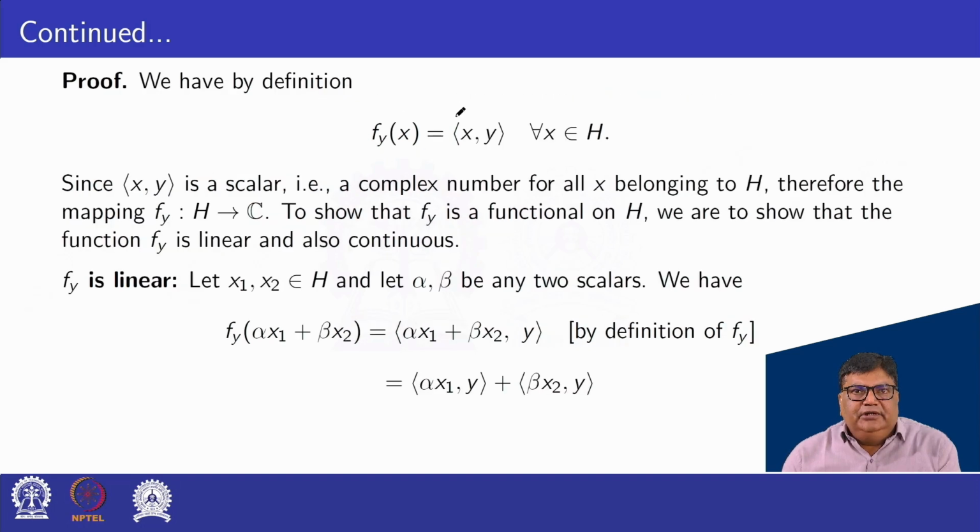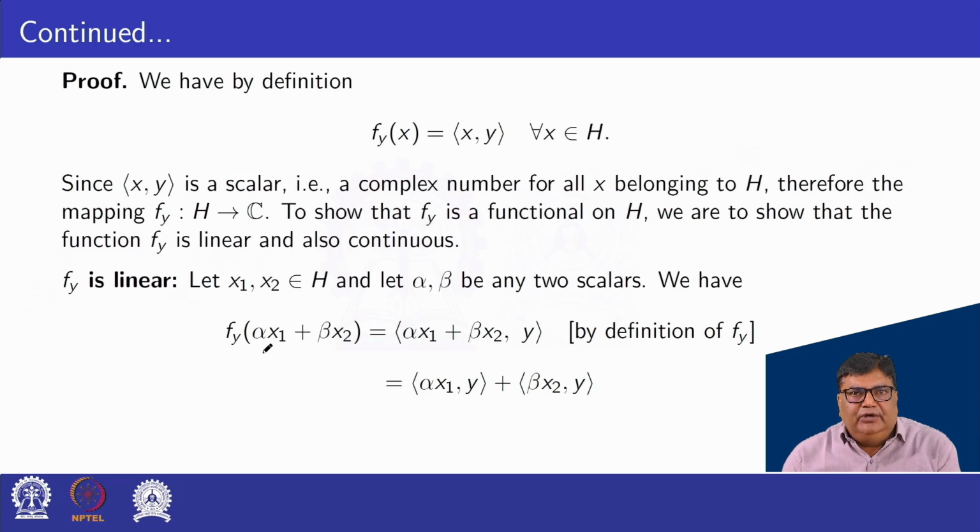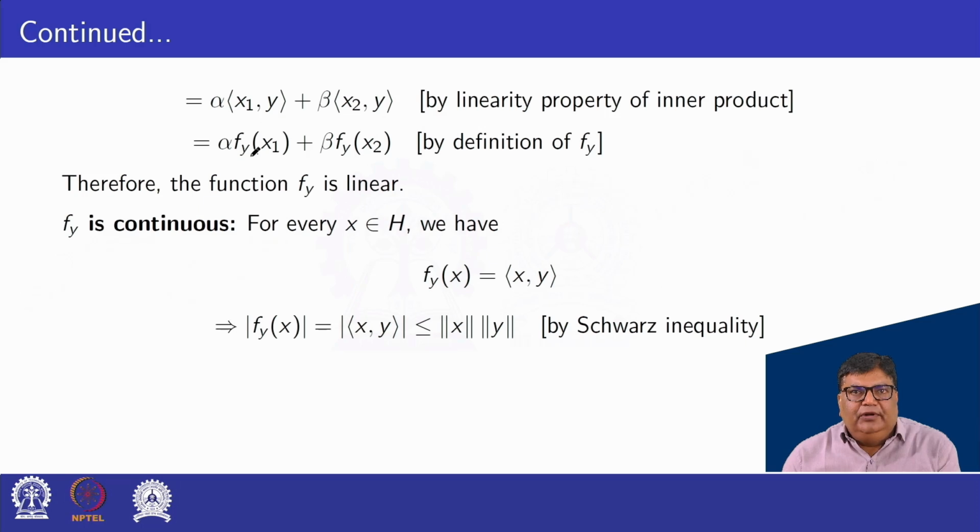As per the definition of Fy(x), we can write this as alpha Fy(x1) plus beta Fy(x2). Therefore, the function Fy is linear, because Fy(alpha x1 plus beta x2) is equal to alpha Fy(x1) plus beta Fy(x2).